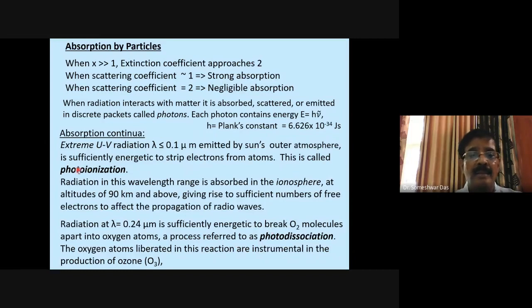Earlier this was photoionization, and now this is photodissociation, which means breaking of oxygen molecules by radiation of wavelength approximately 0.24 micron. The oxygen atoms liberated in this reaction are instrumental in the formation of ozone. So, photoionization and photodissociation: you should remember these definitions.